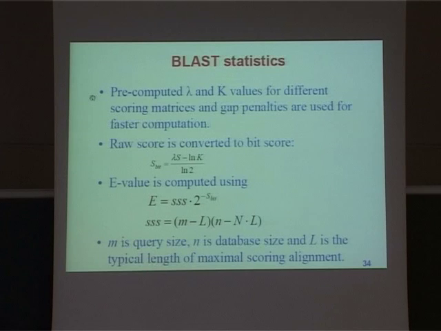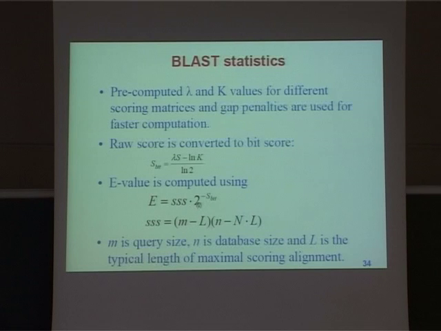They use pre-computed lambda and K values for different scoring matrices. So for BLOSUM62, they have a predefined lambda, and for different lengths, they pre-computed K values. They first convert the raw alignment score to a bit score using this formula, and they compute the e-value by multiplying by this, the corrected score, so actually K is used here.